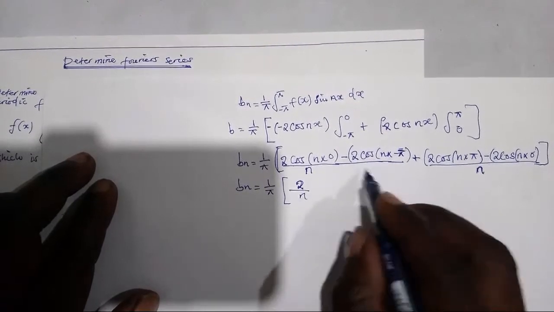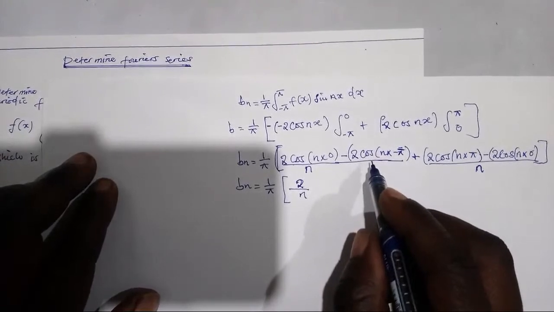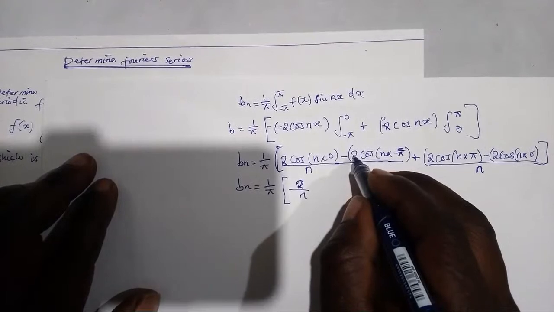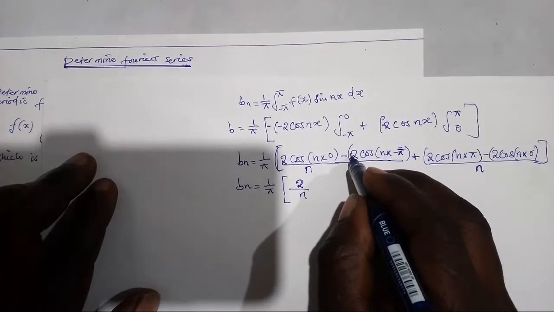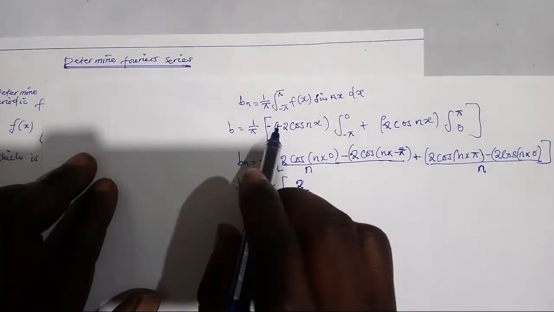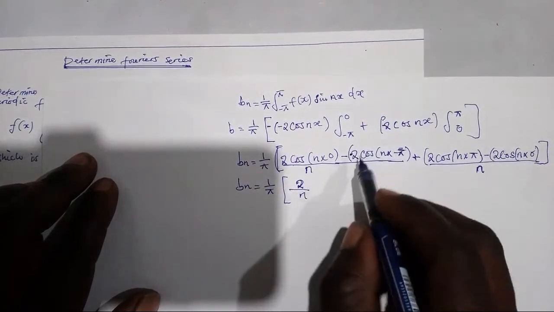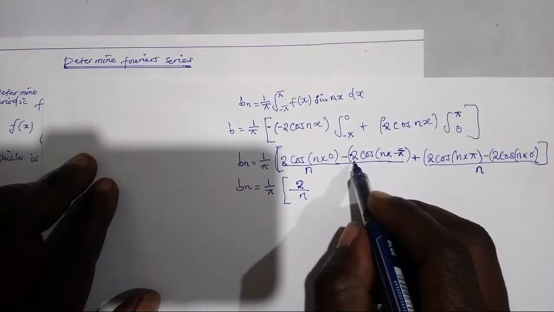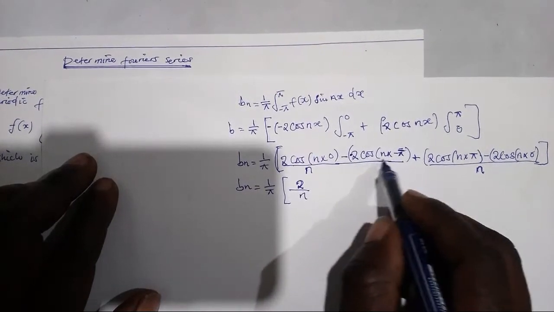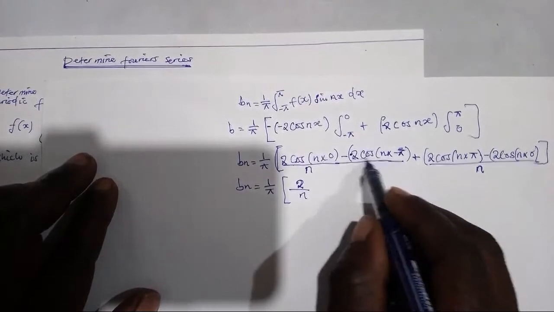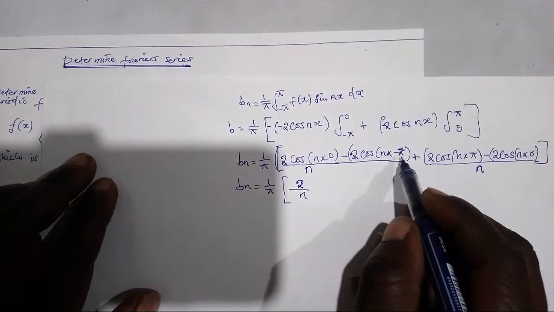Then here, if you can see very well, here we have a negative also, because here we have the negative. So here we are going to have n times the negative pi.